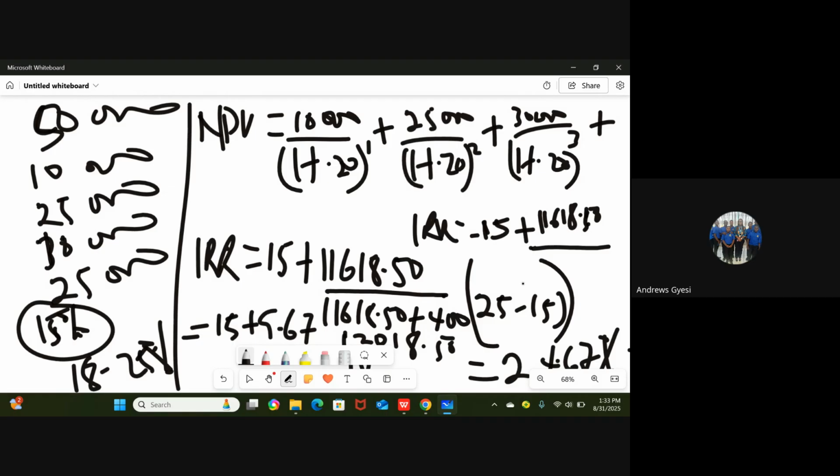Then the negative 400 we had, bringing it to the formula, the higher rate figure that we got, which is negative 400. When we brought it to the actual formula, it was the 16,618 plus 400. It wasn't negative. I told you when you use the word absolute, it means whether negative or positive.